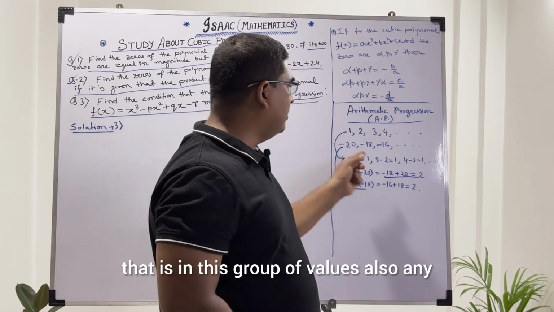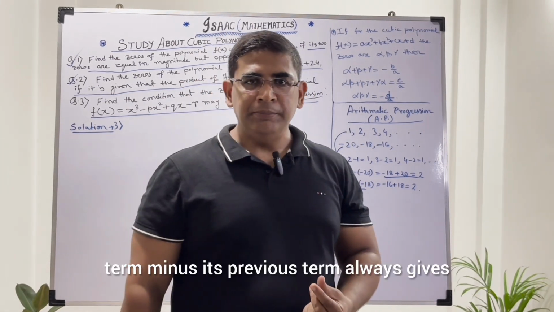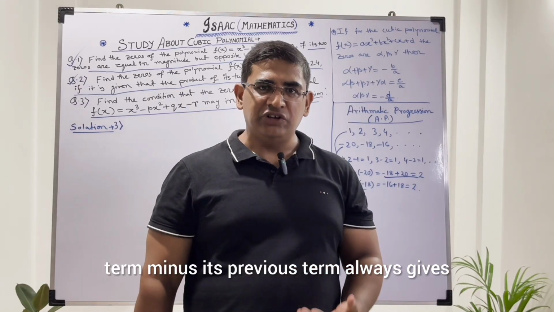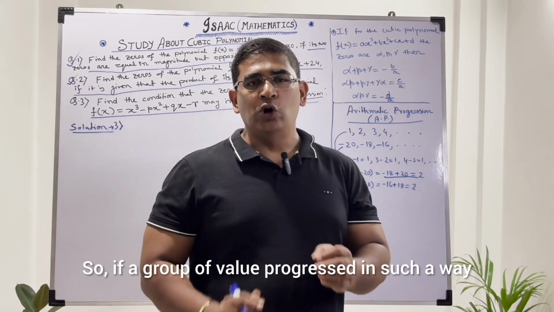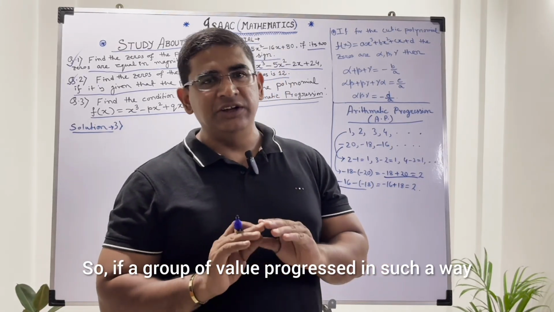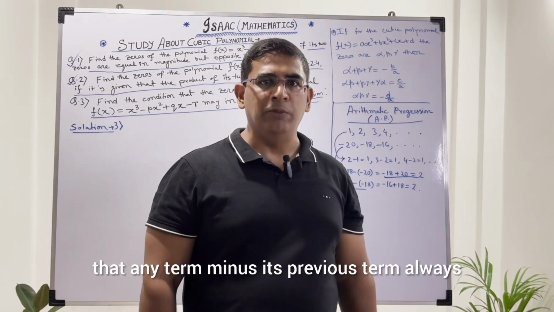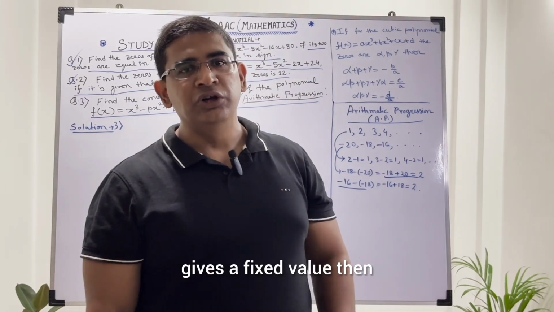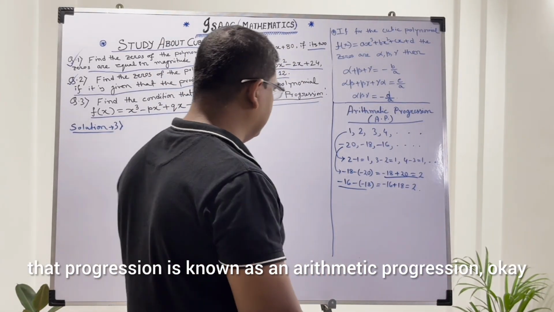That is, in this group also, any term minus its previous term always gives a fixed value. So if a group of values progresses in such a way that any term minus its previous term always gives a fixed value, then that progression is known as an arithmetic progression.